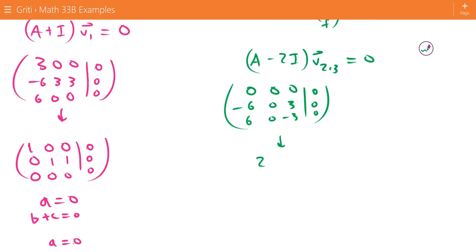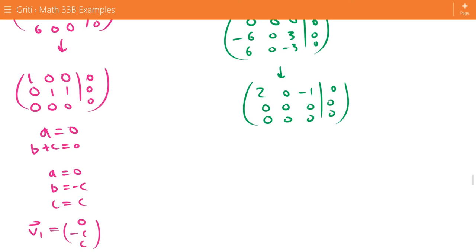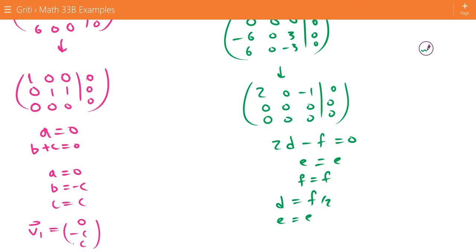Row reducing this gives us [2, 0, -1; 0, 0, 0; 0, 0, 0]. And that gives us 2d minus f equals 0, and e equals e, and f equals f, or d equals f over 2, e equals e, and f equals f.